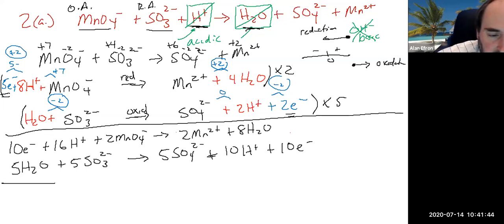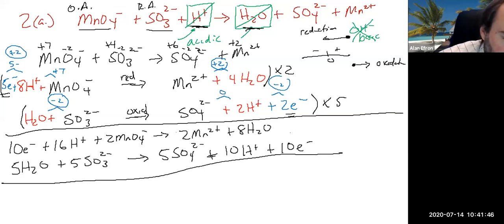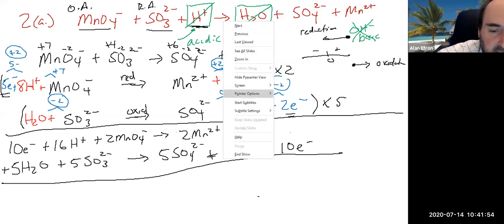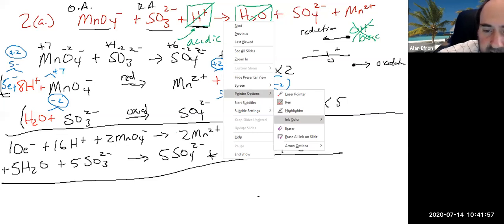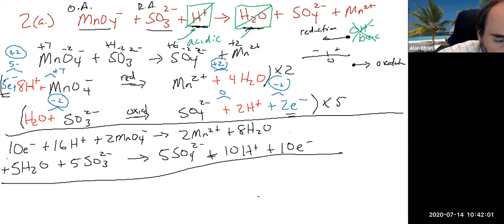I am now ready to take these both and add them together. What I'm going to do is basically cancel out things that are on the opposite sides of the arrow but are exactly the same. So electrons we know for sure should completely cancel. They're on opposite sides and exactly the same.